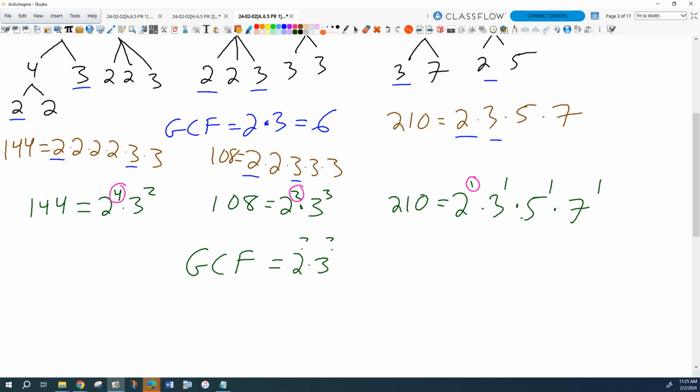So we're always going to take, if we have common factors, we can only take the smallest exponent in our GCF. Okay? So this needs to be a 1, right? Because 1 was the smallest power of our common factor. How about the 3's?